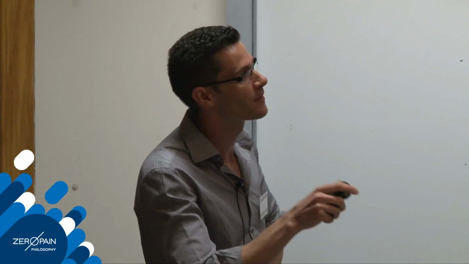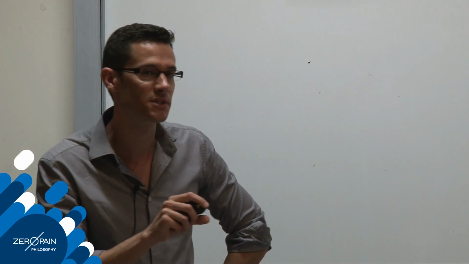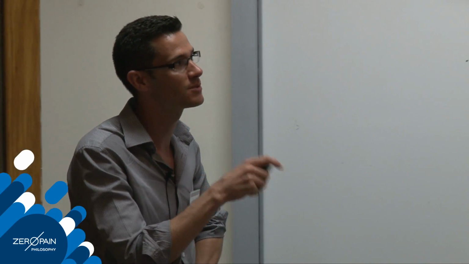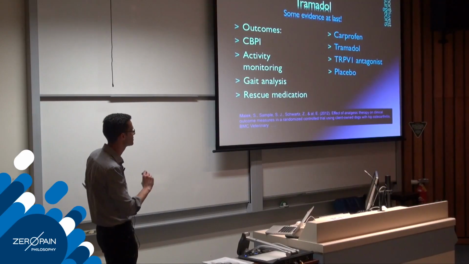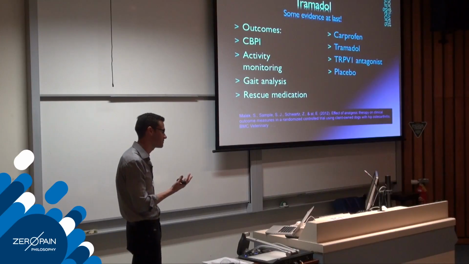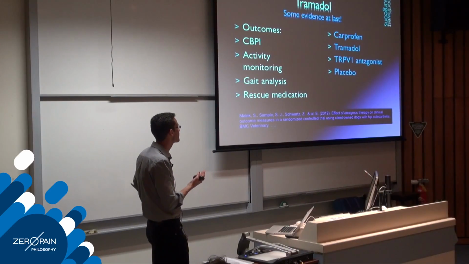We know carprofen, you give a dog carprofen, it does what it says on the tin. I don't know why they threw Tramadol in there. I'm not quite sure what the rationale for having 4 arms in this study was, because they just wanted to compare this drug against a placebo and against something that works. Don't know why the Tramadol ends up in there, but that's how we came to have some evidence about Tramadol.